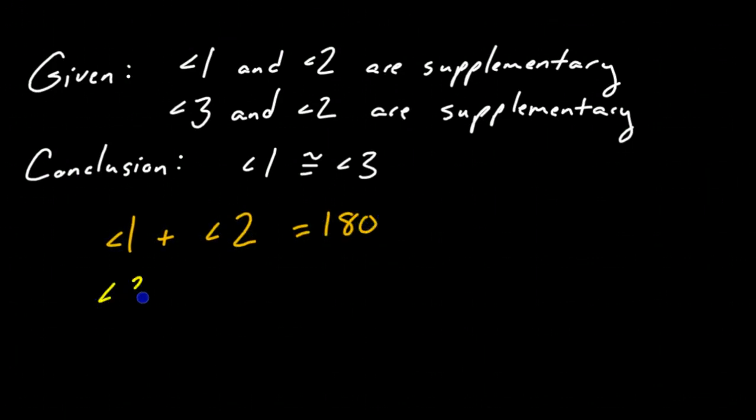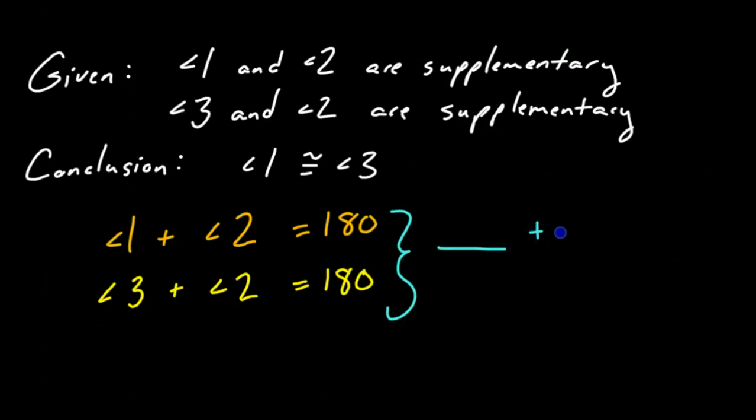And angle 3 plus angle 2 also has to equal 180 because those are supplementary as well. Let's just assign some values here. I'm just going to make up some values. Let's say we go with 30 degrees for angle 2. I just picked 30 for angle 2, but if angle 2 was 30 degrees in the first one, it also has to be 30 degrees in the second one.